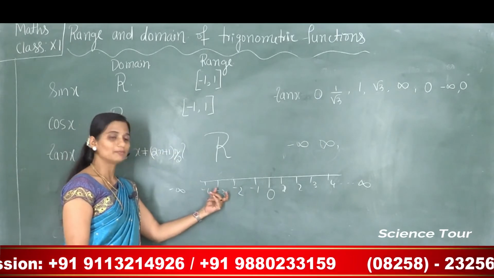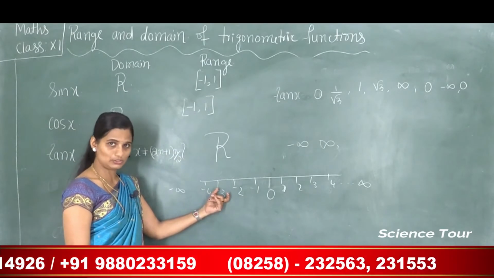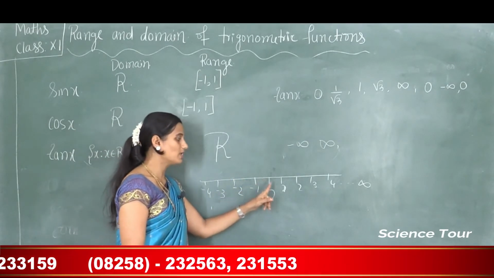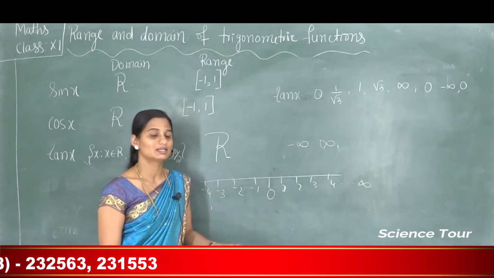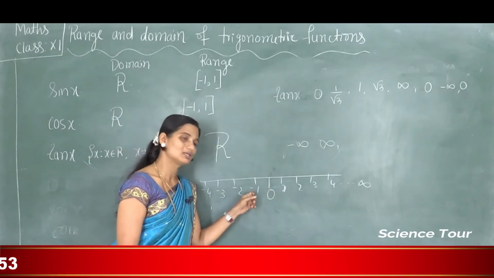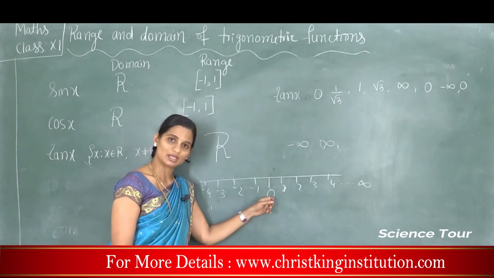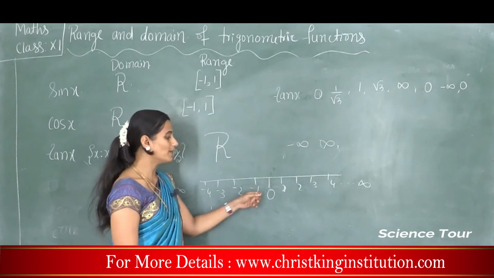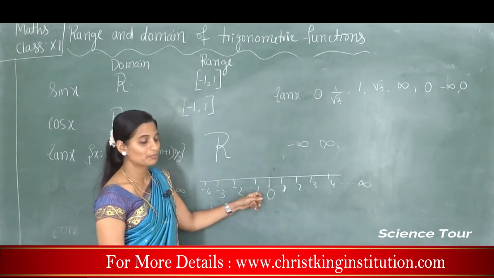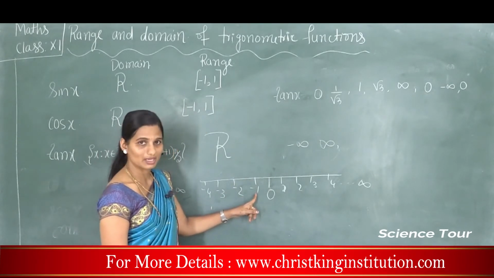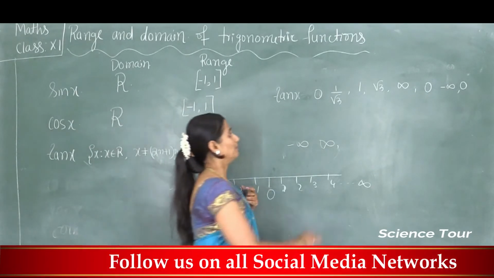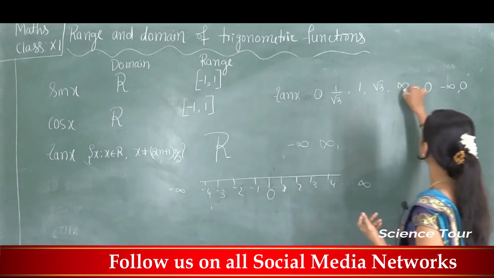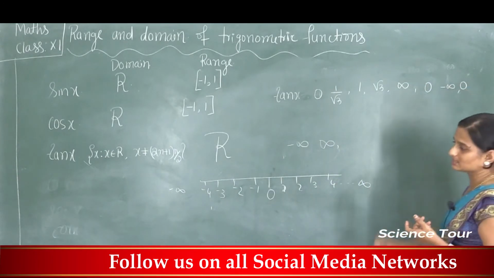The smaller number is minus 3. Minus 1 and 0, which is the greater number? Minus 1 and 0, the greater is 0. Minus 2 and minus 1, which is the greater number? Greater number is minus 1. So here the maximum value is infinity, minimum is minus infinity.